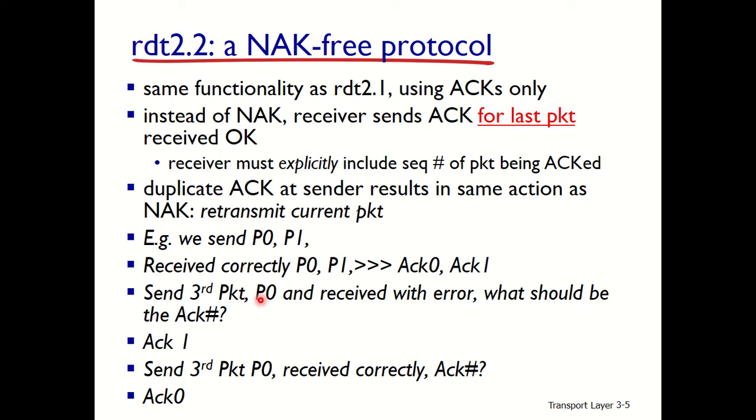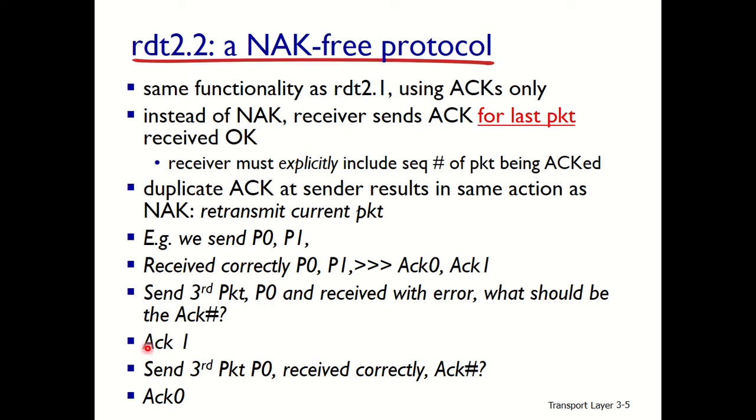And when the third packet P0 is sent and received with error, the receiver discards it and sends the acknowledgement for the last packet that is received correctly, so it sends acknowledgement number 1. So the sender will receive acknowledgement number 1 twice, one for P1 and one for P0. When the acknowledgement number is received twice, as a duplicate, this is the indication that the third packet P0 is not received correctly.